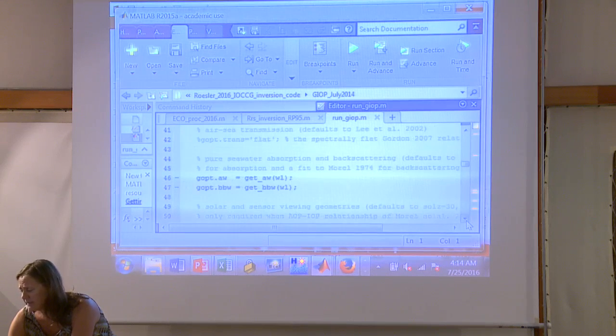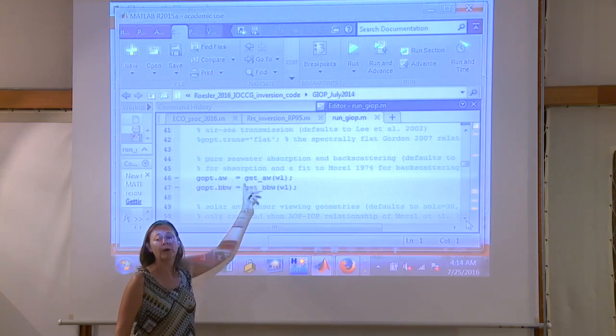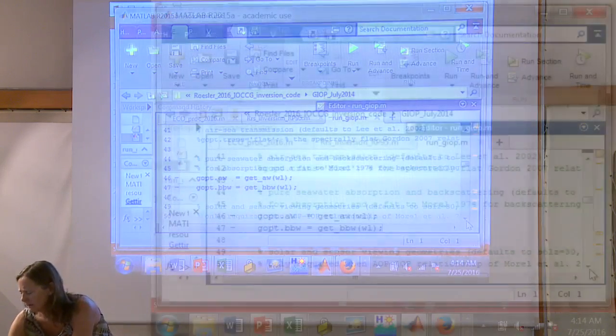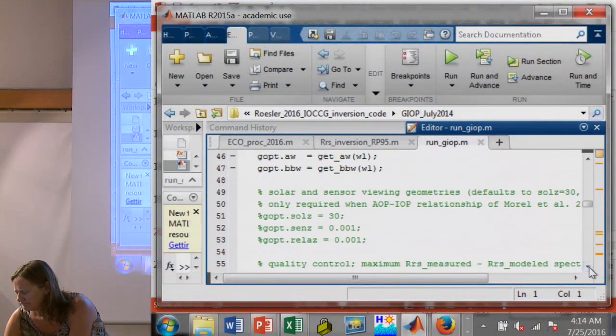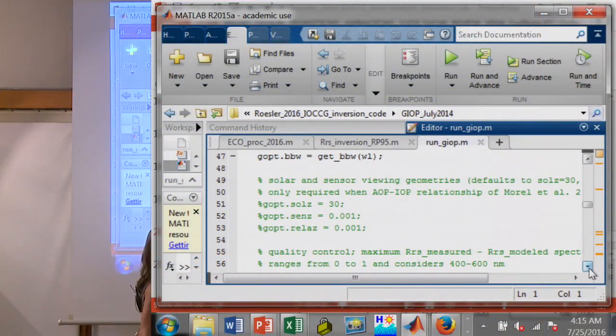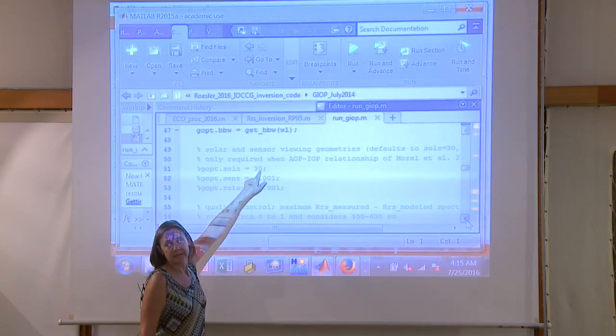But if you have something different in there, you would just define your absorption by water with some other model that you have. Just input it right there. It defaults to the solar zenith angle is 30 degrees. And so you can change these if you want to make it 20 degrees or 40 degrees. You would just uncomment it and type it in.